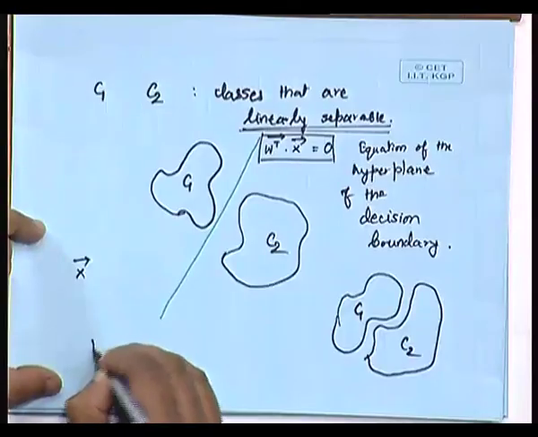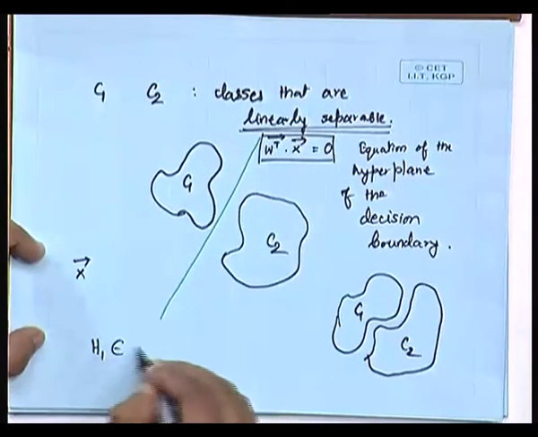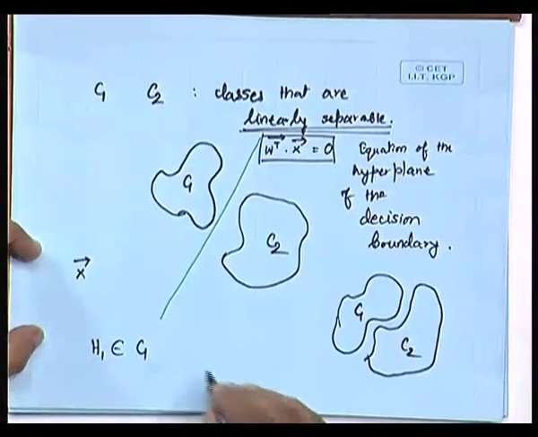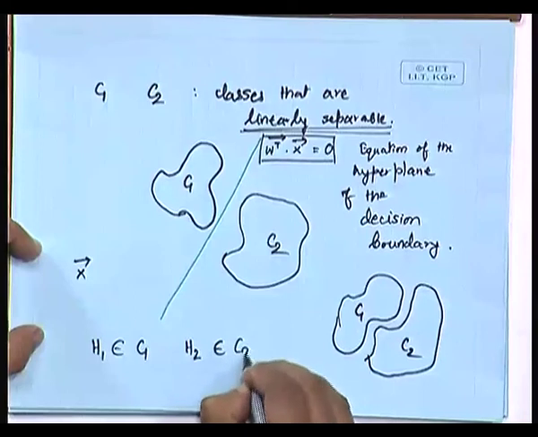So let us say that for the training purpose we take H1 as the training set which belongs to the class C1, and H2 as the training set that belongs to class C2.